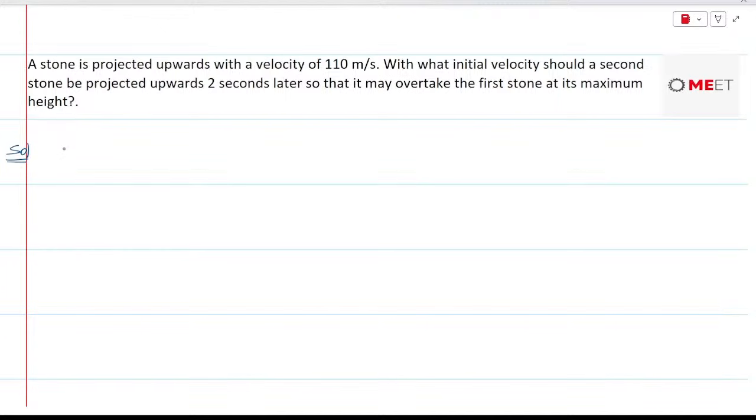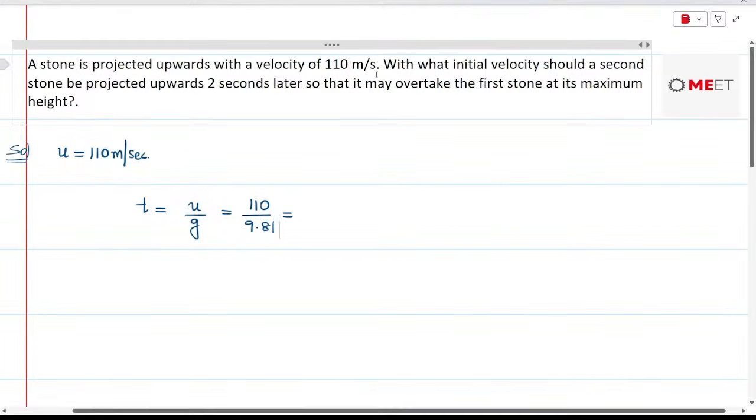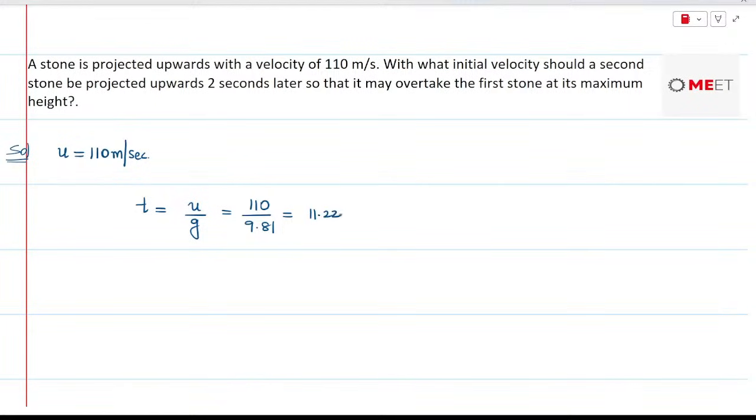Initial velocity is 110 meter per second, and the time of ascent is t equal to u by g, which is 110 divided by 9.81, approximately 11.224 seconds.